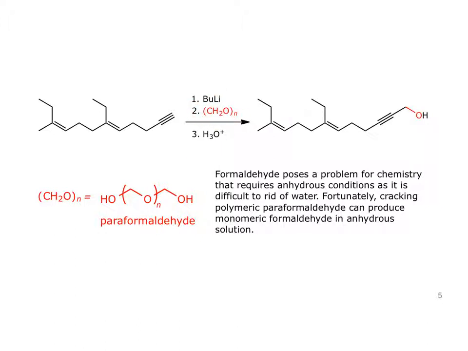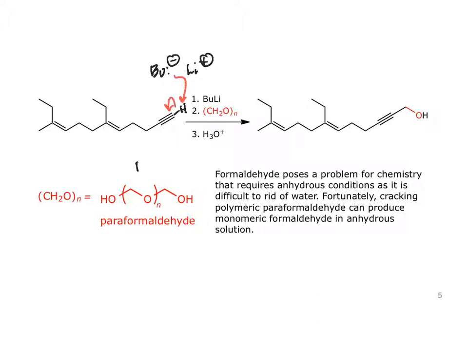So what's happening in this reaction? You're probably thinking, well, wait a minute, what's going on here? Because there's an organolithium, and there's paraformaldehyde and water. What is going on over here? We're actually deprotonating this compound. There is a hydrogen here, and the butyllithium is being used as a base to deprotonate that and form the acetylide ion.